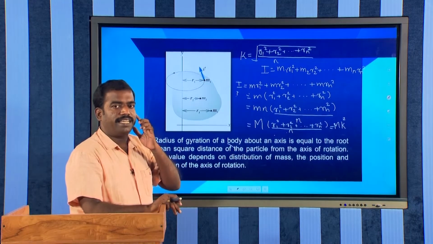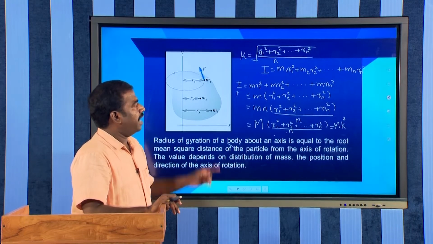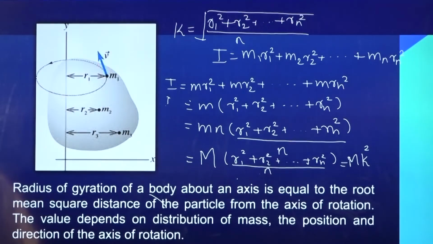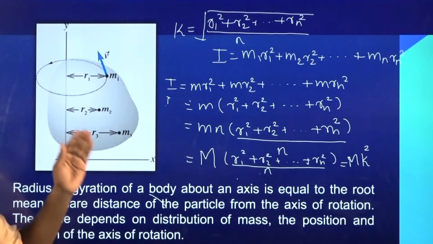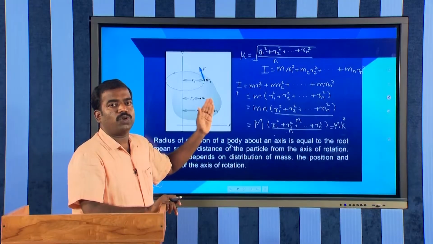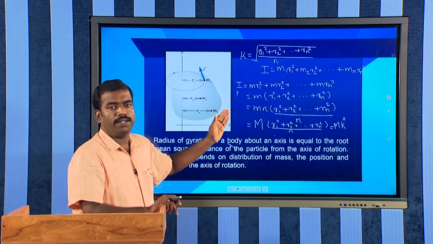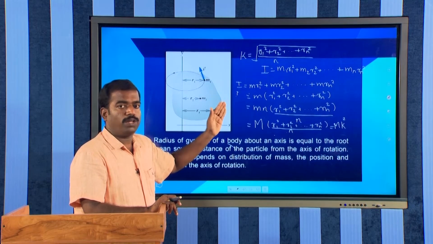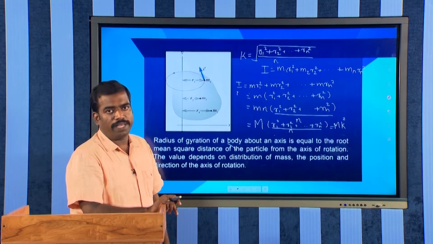So, k is the radius of gyration, the square root of the arithmetic mean of the squares of the distance of the particle from the axis of rotation. So, it is nothing but the RMS value of the distance of the particle from the axis of rotation.